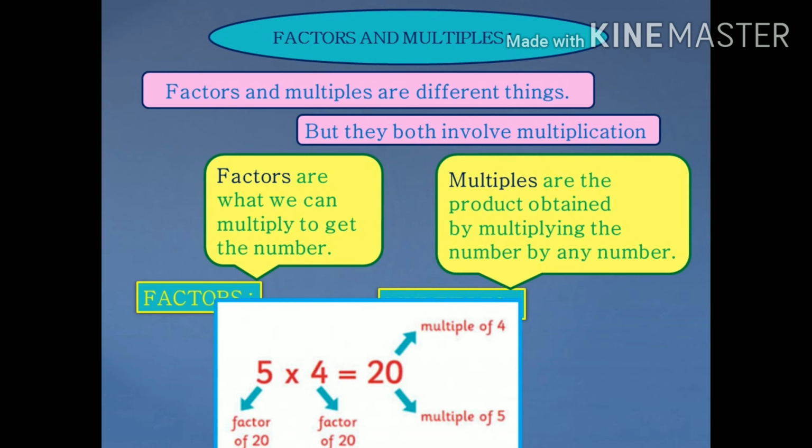So 20 is the multiple of 4 and 5, and 5 and 4 are factors of 20.